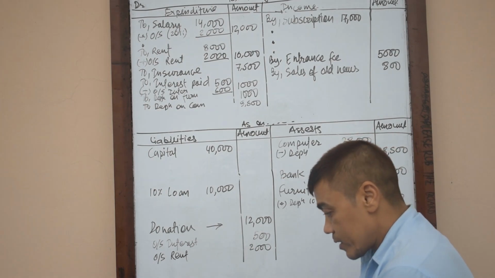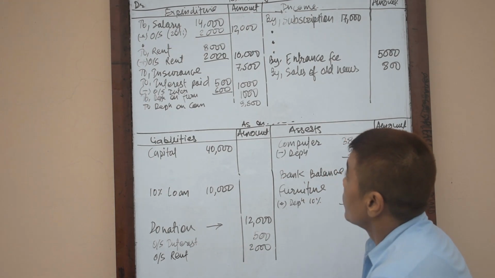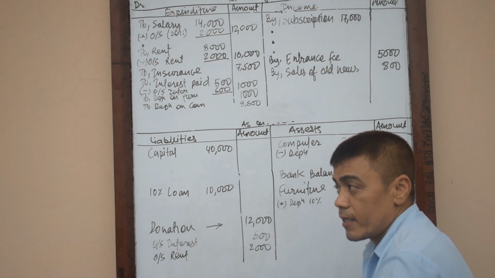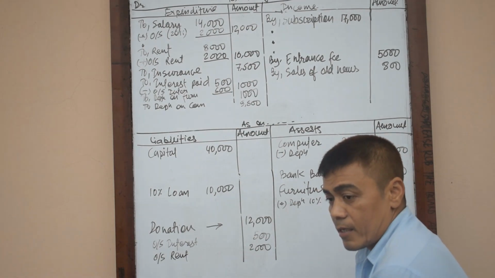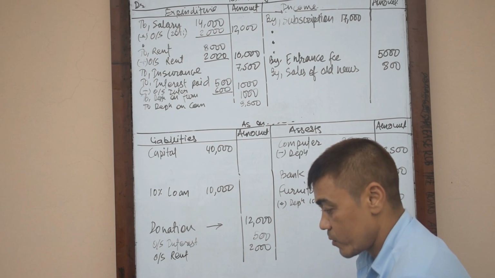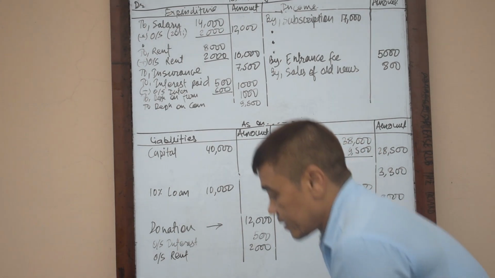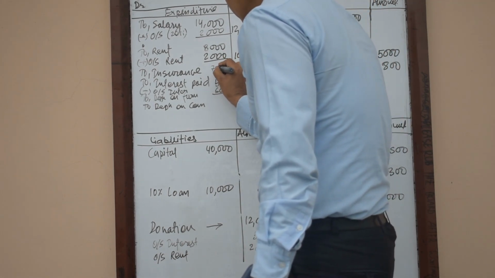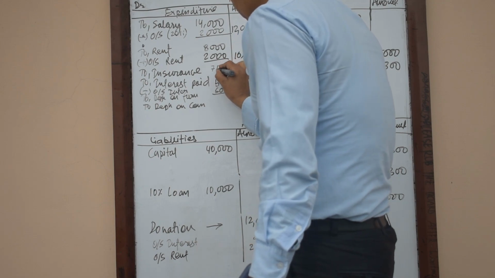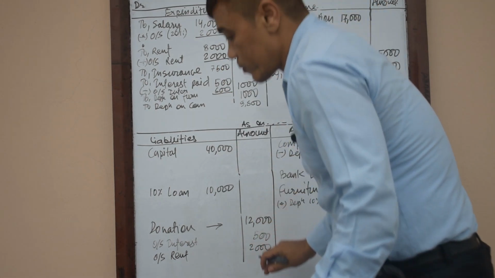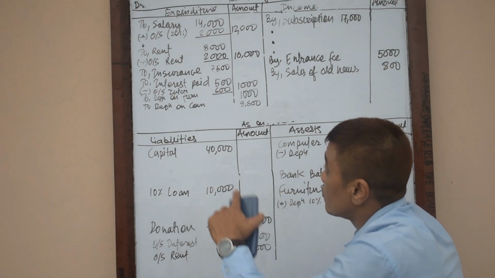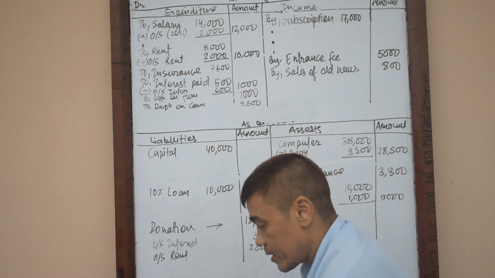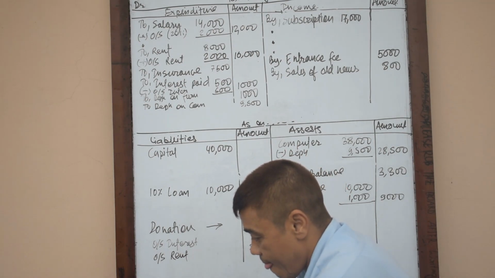Next I can see here insurance. About the insurance also some additional information is given, that prepaid insurance, previously they have paid insurance in advance. That means they might have paid for this year, so that must be added to the insurance. So here we have insurance, I'm writing this inside. In exam also, if you make some mistake, only one line you can cut, because mistakes are expected.